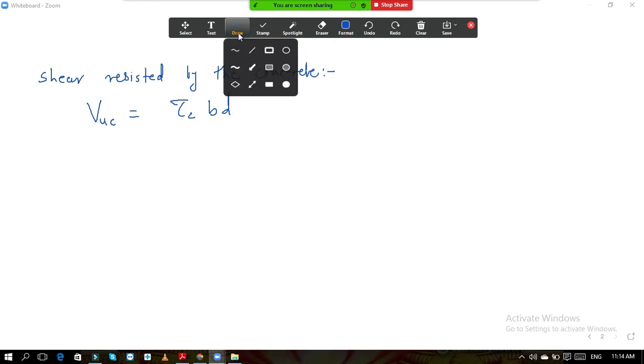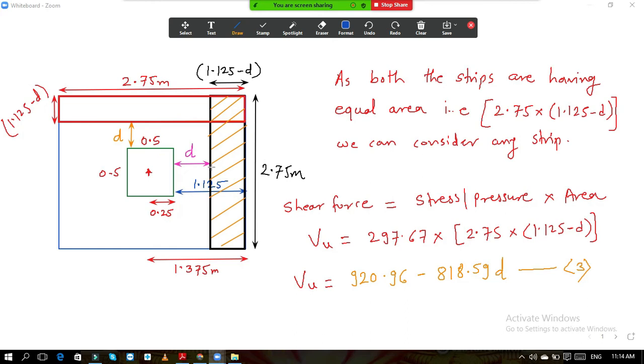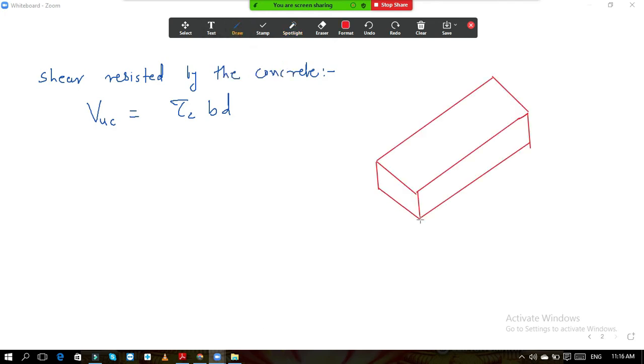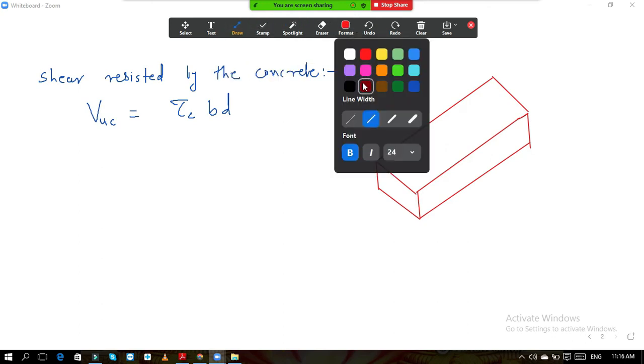So I will draw this diagram for your understanding. I will draw this strip over here in 3D so that you will understand how the punching action is taken. Now this is our strip. So what area have we considered right now? This top area. So I will give the dimensions.